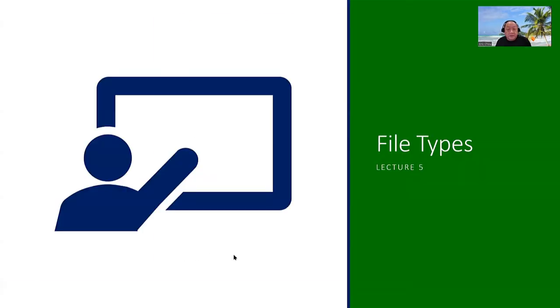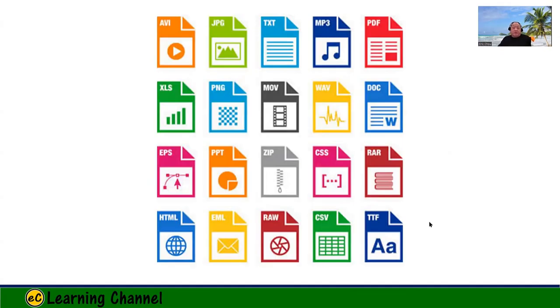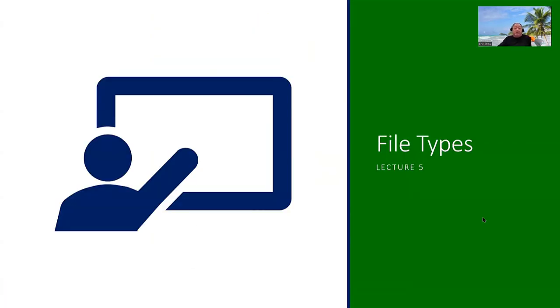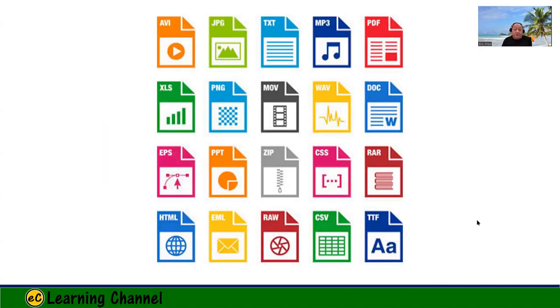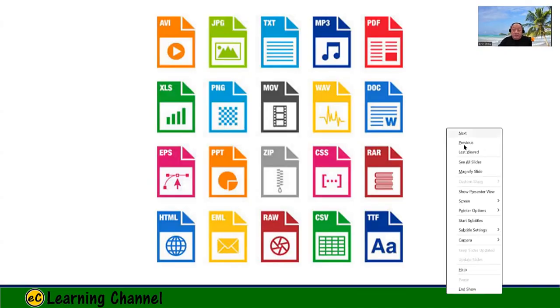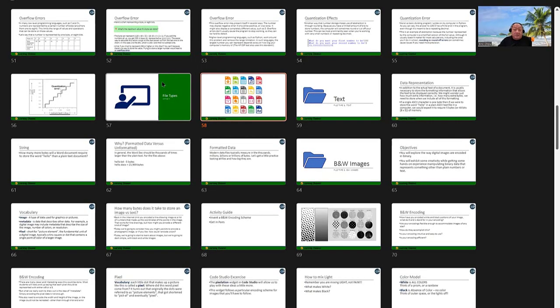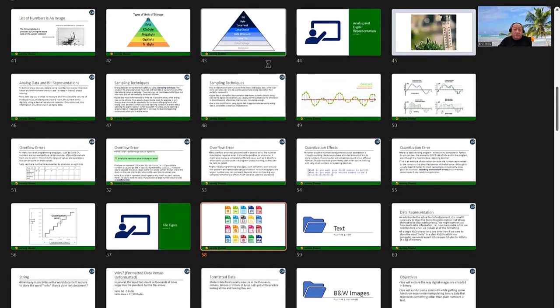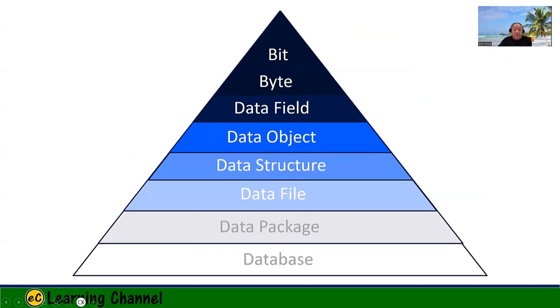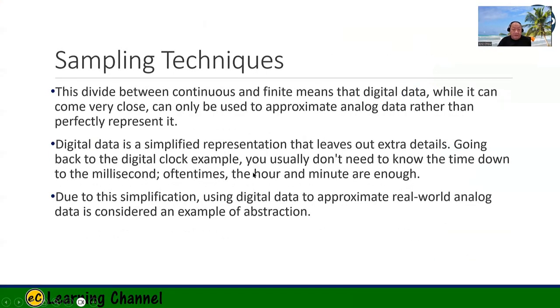Yeah. And the next one is the file type. So we finish with data. Data, you have analog and digital. The next one is the file type. So that data discussion is up to here, up to the data field, okay? Anything up to here, you store into a file, then it's your data file, okay?